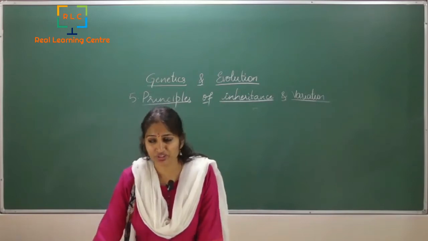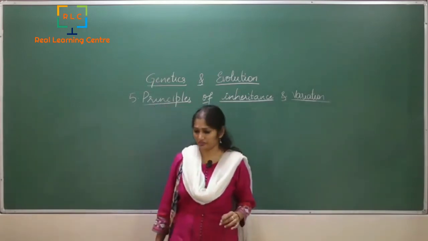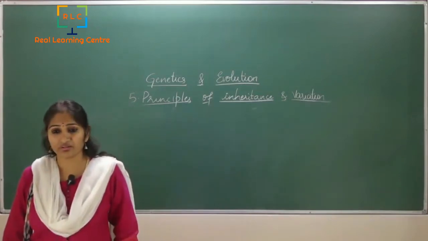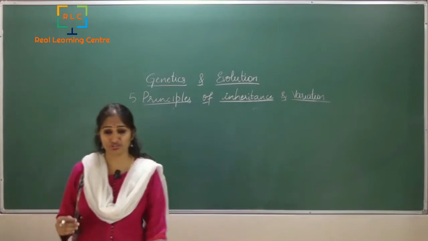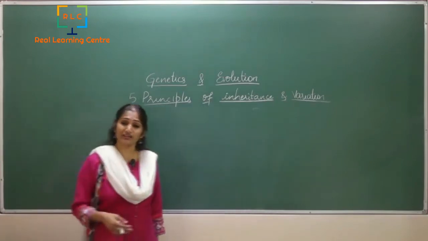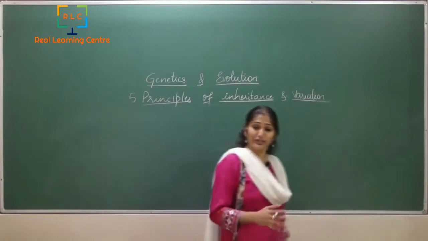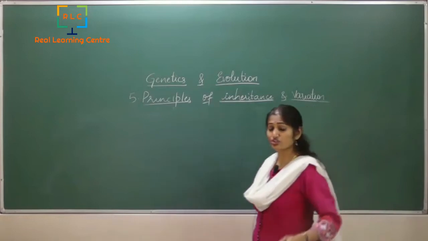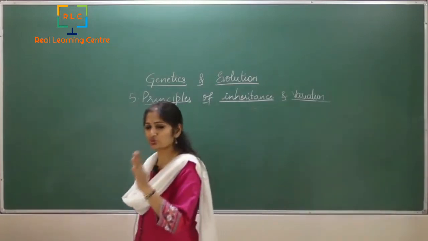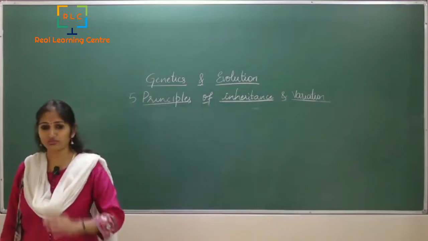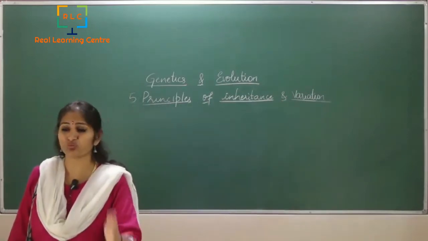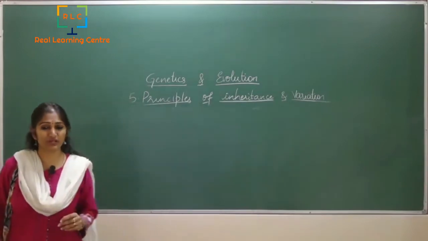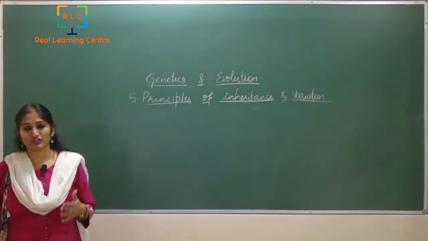If you cross a red flowered plant and a white flowered plant, the F1 generation is not red or white, but pink, not resembling either parent. But in the second generation, you see the exact 1:2:1 ratio of red, pink and white flowered plants respectively. That is completely different from Mendel's laws.